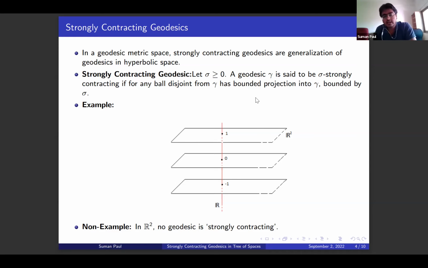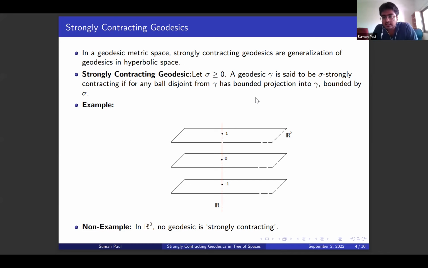A geodesic gamma is said to be sigma strongly contracting if any ball disjoint from gamma has bounded projection into gamma, bounded by sigma. Same property.